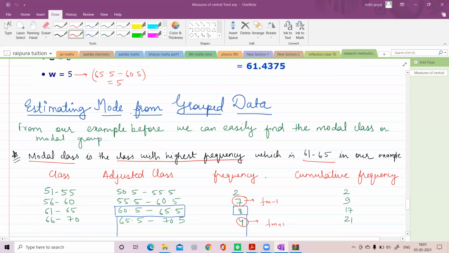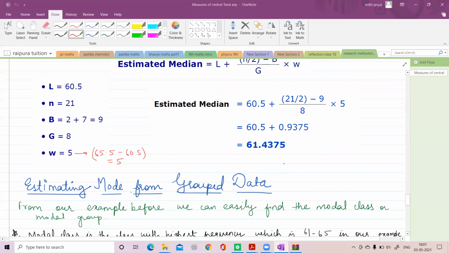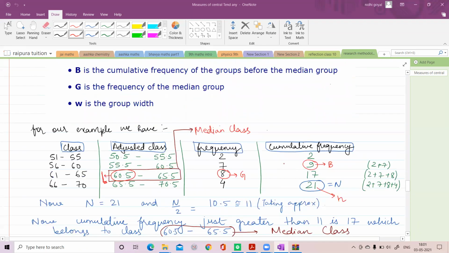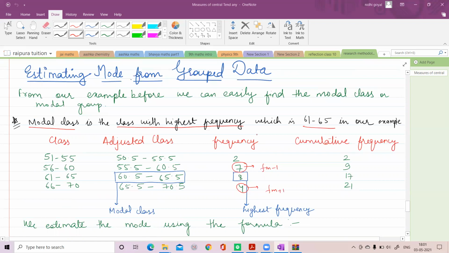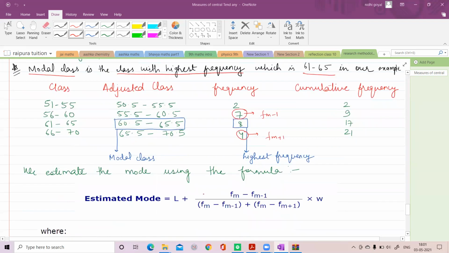Then, how to estimate the mode for grouped data? For an example like before, we can easily find the modal class. Modal class is the class which has the highest frequency. The highest frequency is in the class 61 to 65. It has 8 as the frequency, which is the maximum frequency. So that will be our modal class, 61 to 65.